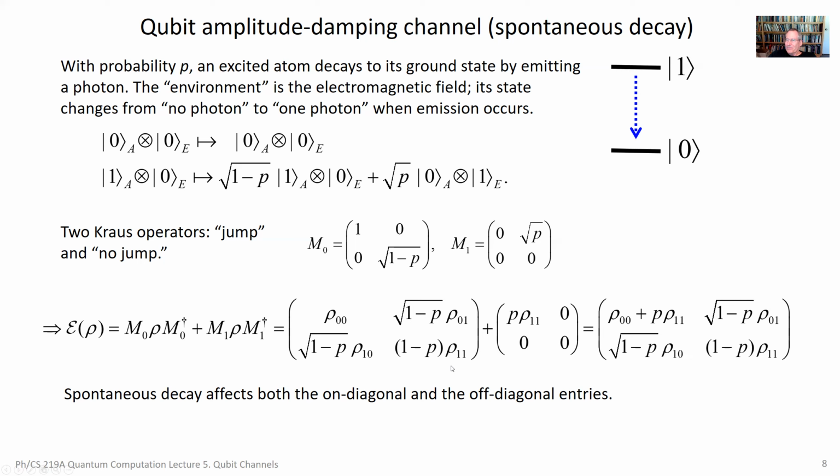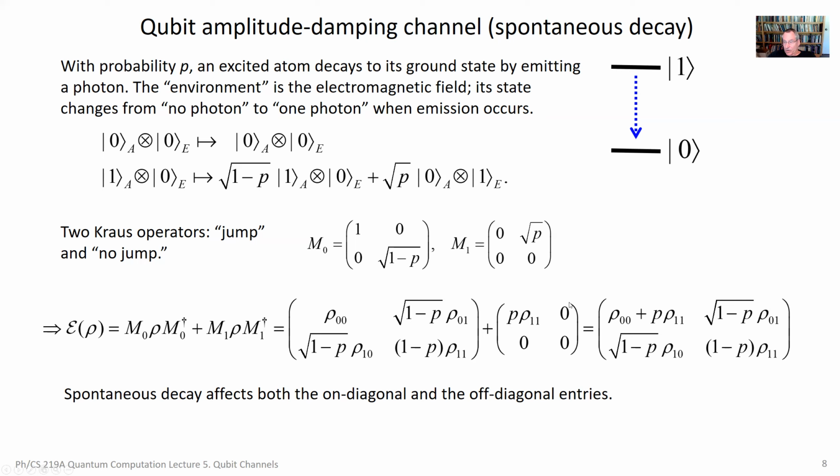What had originally been the population or the probability of being in the 1 state, which is rho 1,1, that becomes this additional probability after the photon is detected of being in the ground state, which is proportional to rho 1,1 and also to p, the probability of the decay.